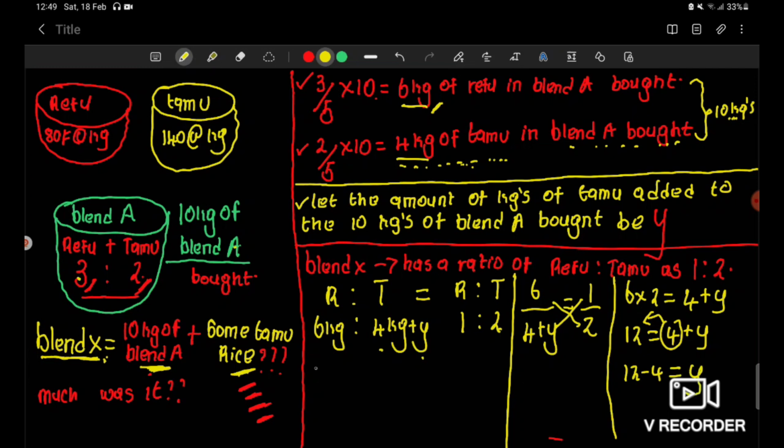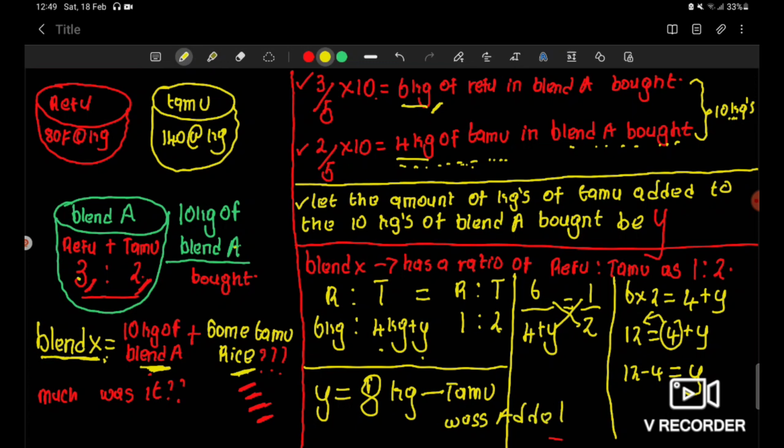So our y kgs that were added to blend A to create blend X was y is equal to 8 kg. So 8 kg of tamu was added to blend A to create blend X.